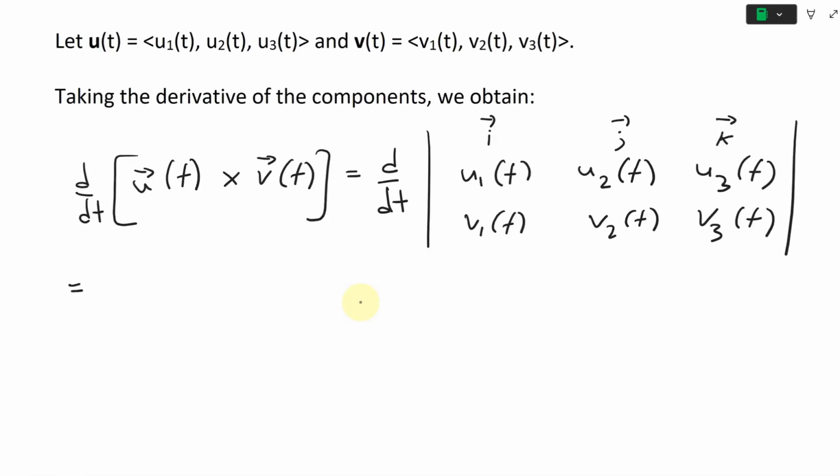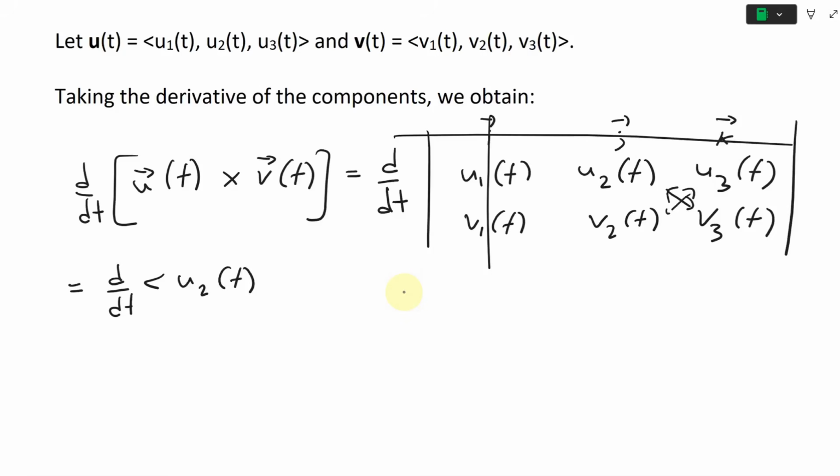And now this equals, again using brute force, d over dt. The first component, remember the setup, we cross out the first row and first column, multiply u2 and v3, and then subtract this one. So we get u2 of t multiplied by v3 of t minus u3 of t multiplied by v2 of t.